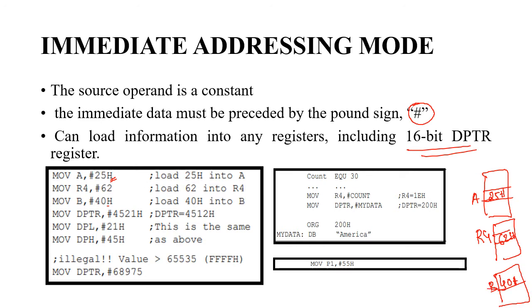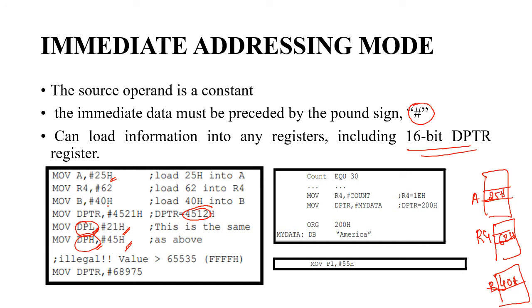Similarly, in case of the data pointer register, which is a 16-bit register, whenever you use MOV DPTR, #4512, the data pointer register will be loaded with the value 4512h. We know that the data pointer register can be split into two 8-bit registers as DPL and DPH. Even the DPL and DPH registers can be loaded with 8-bit data using immediate addressing mode.